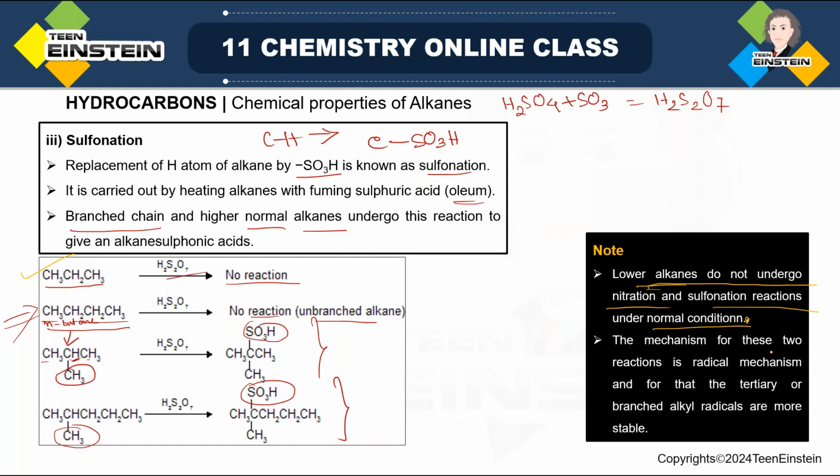And not just sulfonation, it is also true for nitration. Mechanism of these two reactions we have already seen. It is radical mechanism, and that is the reason that tertiary or branched alkyl radicals are more stable. But branched alkyl radicals, tertiary alkyl radicals, you cannot get in case of lower alkanes. So that is the reason here we will have no reaction. Fine.